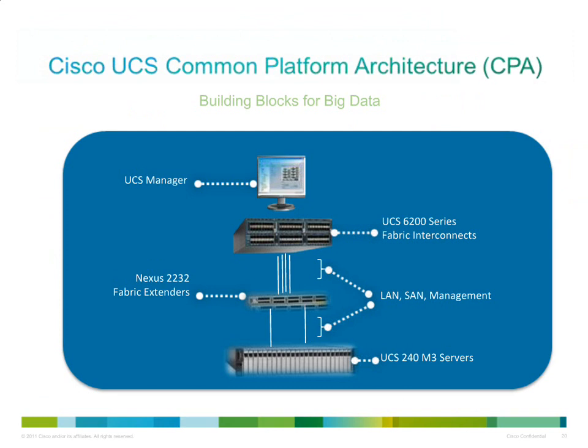Moving up through Nexus fabric extenders for the top of rack switching connectivity, and terminating at the Cisco Fabric Interconnect, the 6200 Fabric Interconnect, which is where all of that switching and management takes place. That's where the UCS Manager database sits. That's where we store those XML files. That's where you log in to manage the overall clustered computing environment.